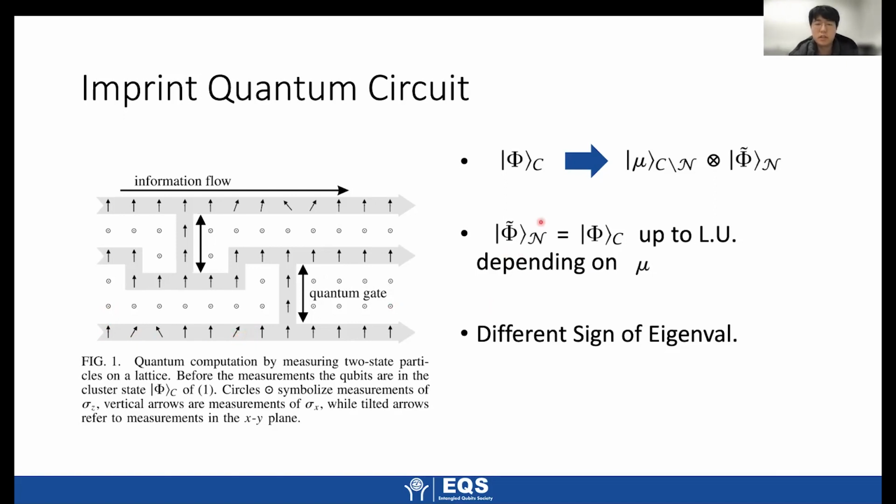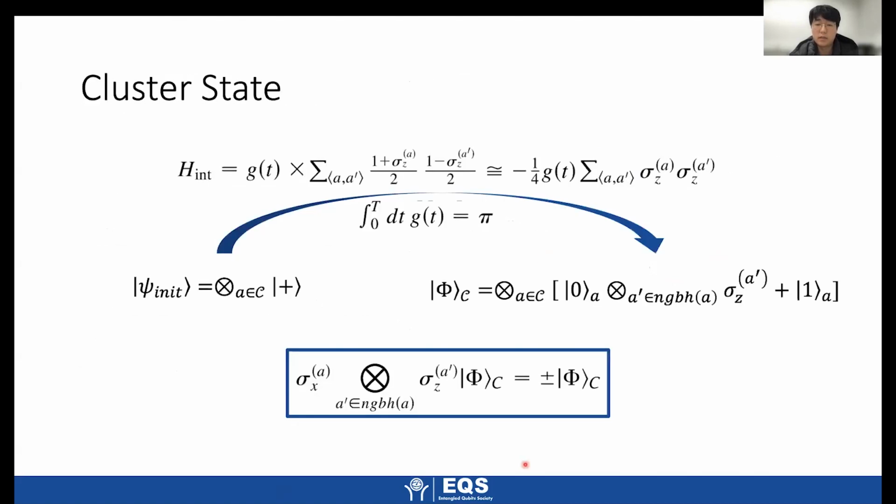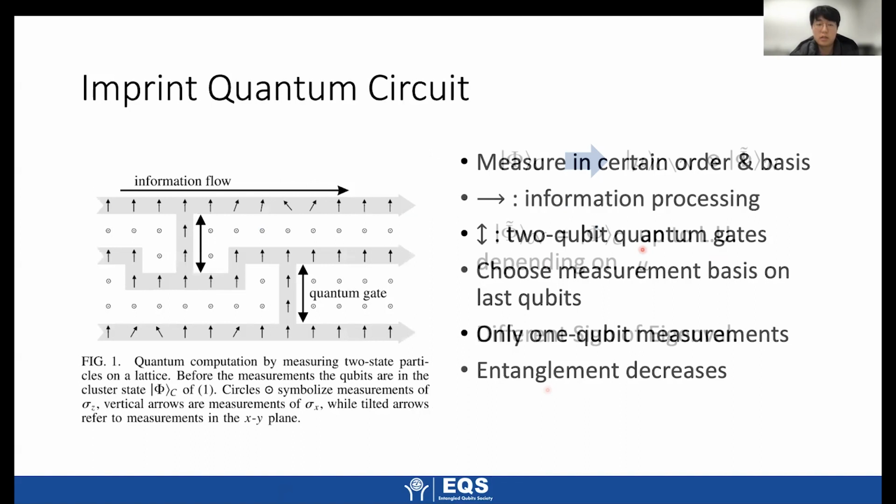This network cluster state is equivalent to the original cluster state up to a local unitary, depending on the measurement values. Also, this network cluster state satisfies similar eigenvalue equations, only with different eigenvalues. So we have a wire or network. Let's use this network to do some quantum operations.